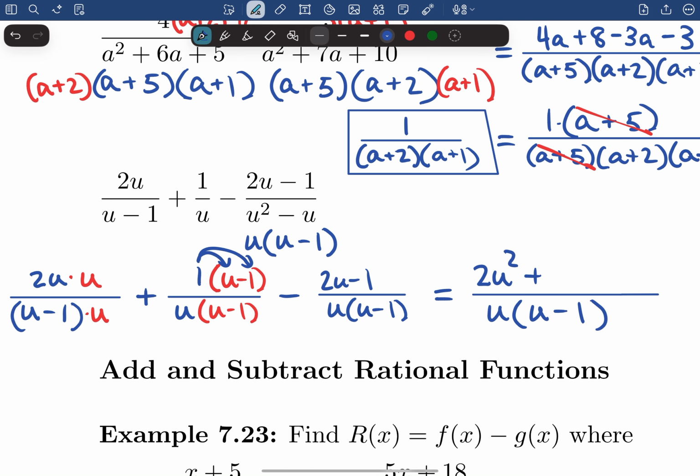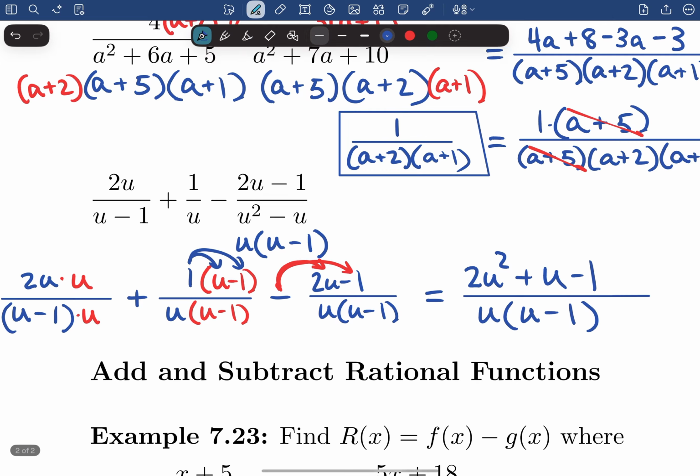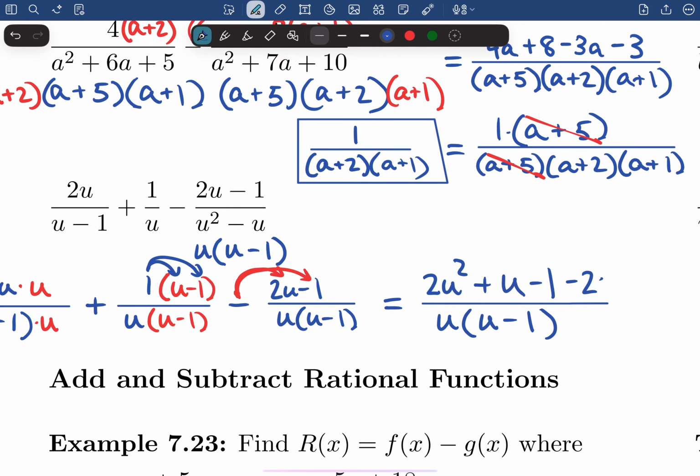Well, 1 times u is just u, and 1 times -1 is -1. Okay, now this is where you have to be really careful because this minus sign right here has to distribute to the 2u and the -1. So being careful, we have a -2u, and then negative of -1 is +1. All right.